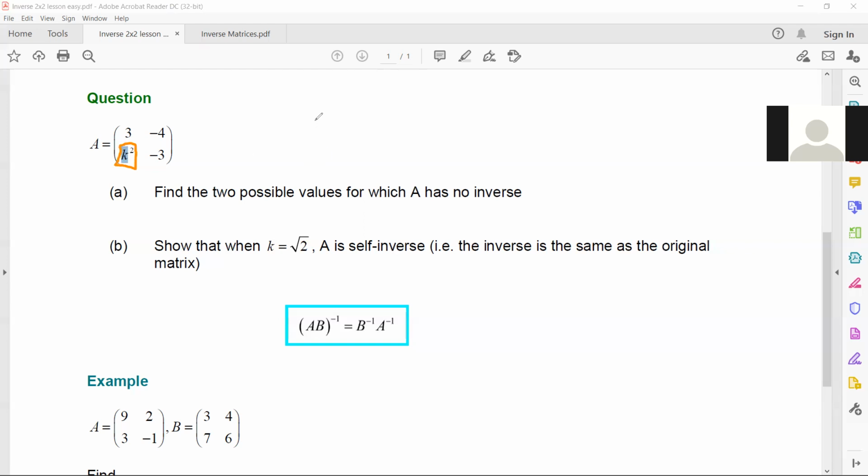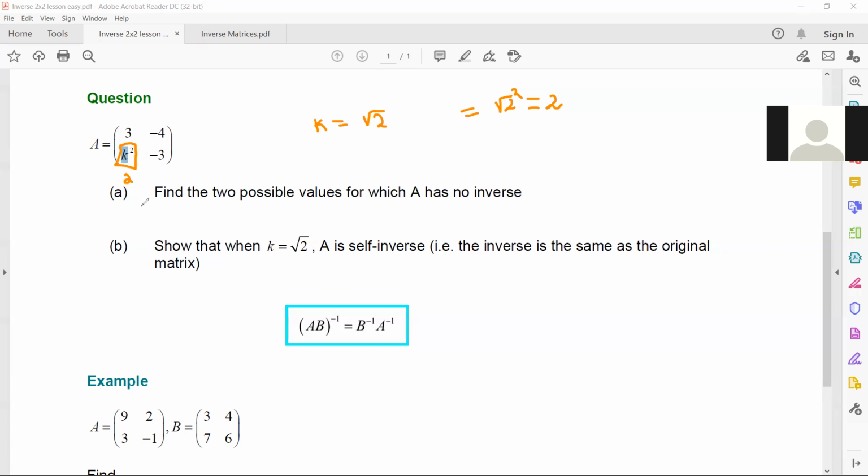If k is equal to the root of 2, you take that k and put it in here. So that element will now be root 2 squared, which is just 2. So replace this element with a 2, and then prove that it's a self-inverse, that the inverse is equal to itself.